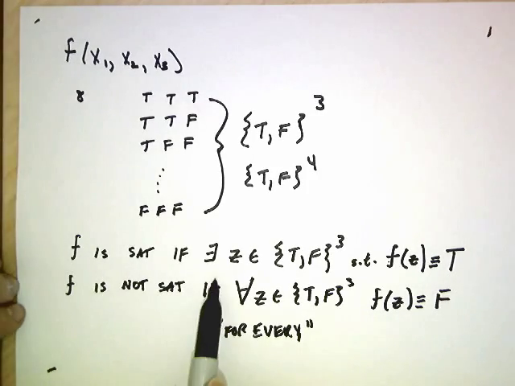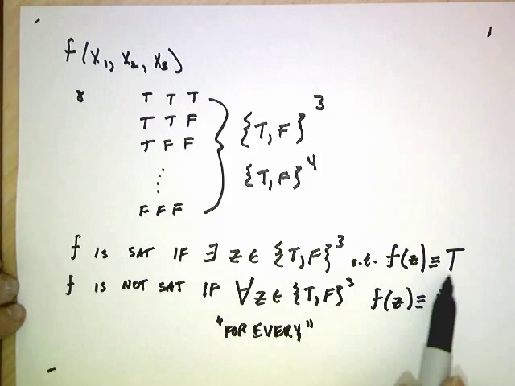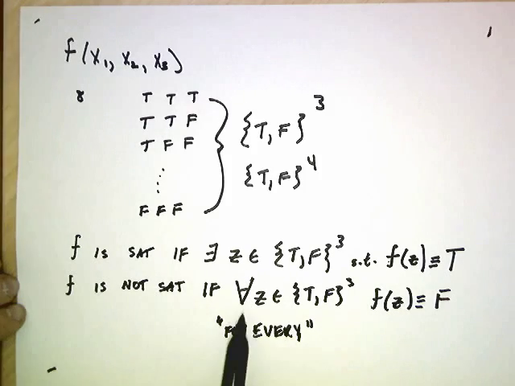So f is satisfiable if there exists an assignment that makes it true, and it's not satisfiable if for every assignment of length 3, f of z is equivalent to false.